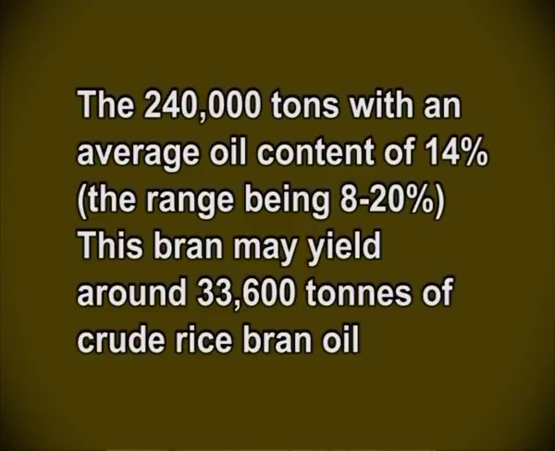This bran may yield around 33,600 tons of crude rice bran oil. This can be put to subsequent use for obtaining a host of byproducts. India is the second largest producer of crude rice bran oil in the world.